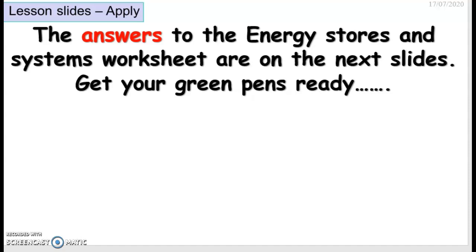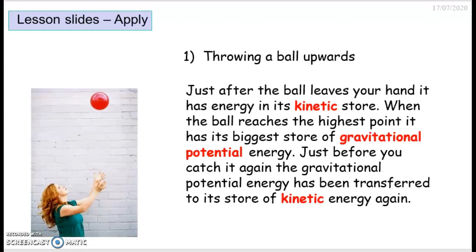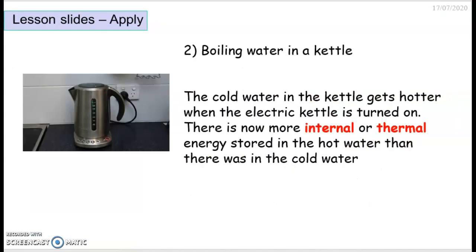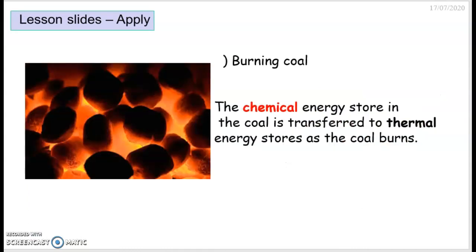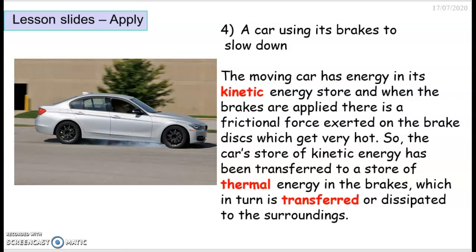Now I'm going to whiz through these fairly quickly because of course you can pause the video whilst you're watching this. So that's the one we've just been through. There's our boiling water in a kettle. Burning coal. Remember, pause the video as and when you need. A car using its brakes to slow down.